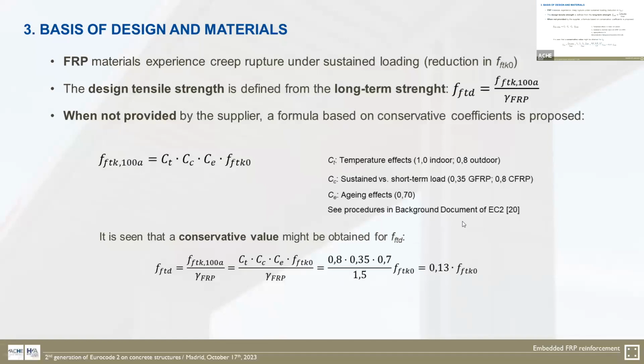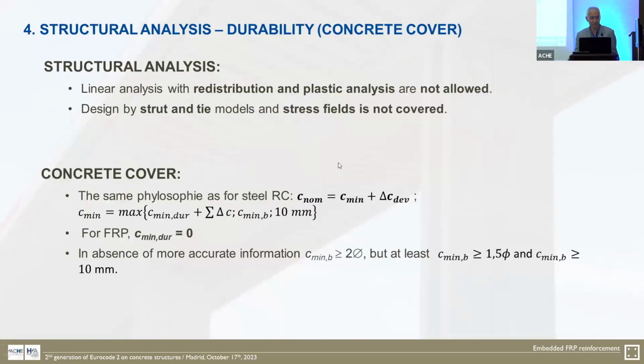Anyway, the background document gives some indications about how to obtain the long-term strength after 100 years, because for sure, it is more interesting to have this data than applying the equation. Probably you will have double of this or more than this value.